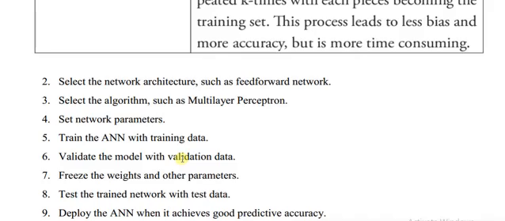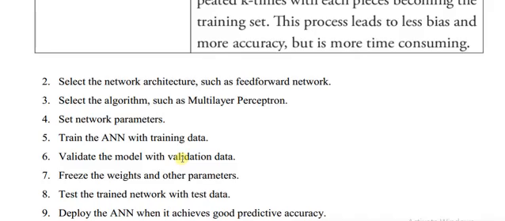Then once we set the algorithm, we need to set the initial parameters. So we need to set the initial weights, initial bias, and we need to decide which type of transformation function we want to use, whether ReLU, sigmoid or a linear transformation. So we need to set these parameters.